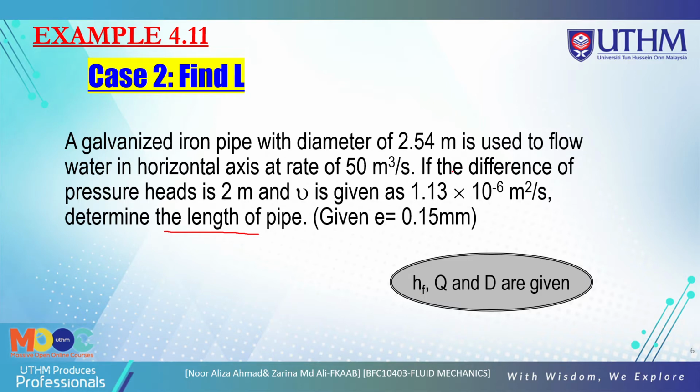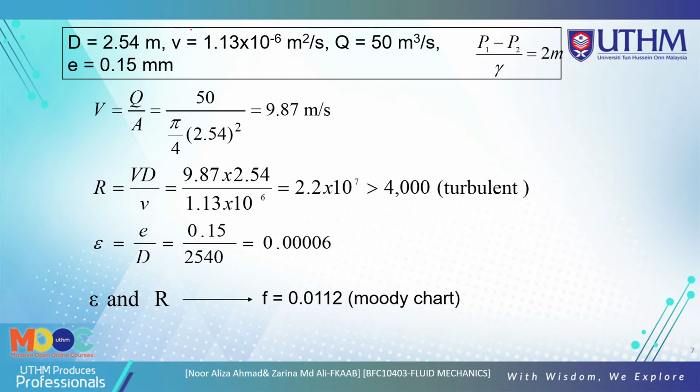The data given here is HF, which is 2 meter, Q is 50 meter cubic per second, and D is 2.454 meter. So look here, the D, the kinematic viscosity, the Q, and the E are here, and HF.